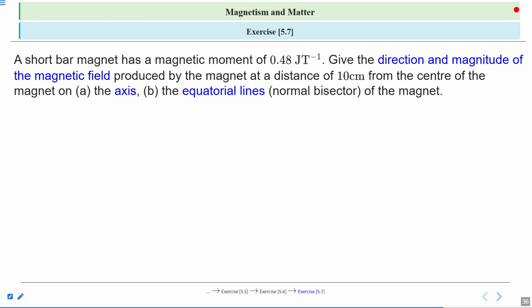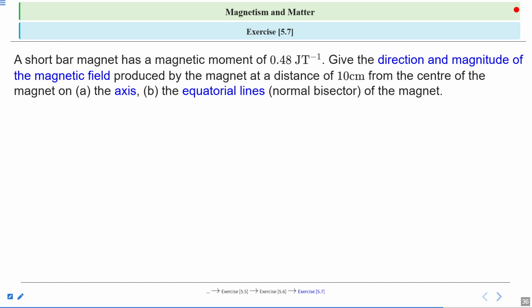So short bar magnet, short magnetic dipole, having dipole moment 0.48 joule per Tesla, and we can neglect the length of the dipole as compared to the distance r, that is given 10 centimeter. Distance r is from the center of the dipole to the point where we are going to find the magnetic field. We can neglect the length because the bar magnet is so short. So give the direction and magnitude of the magnetic field by the magnet at a distance of 10 centimeter from the center of the magnet.